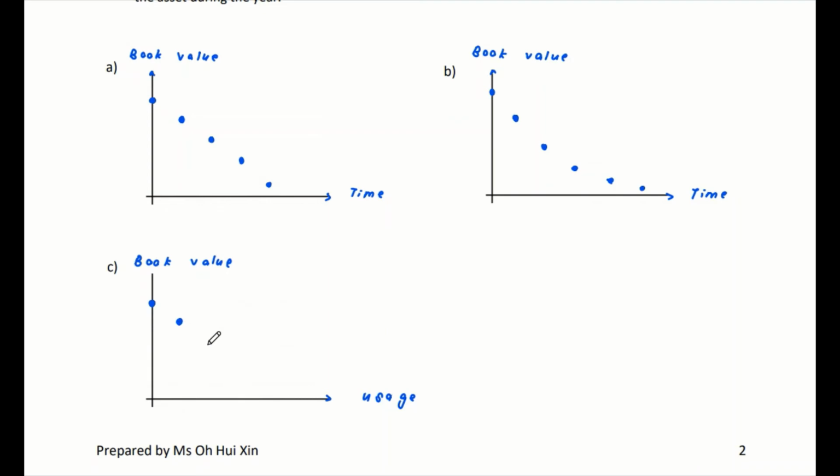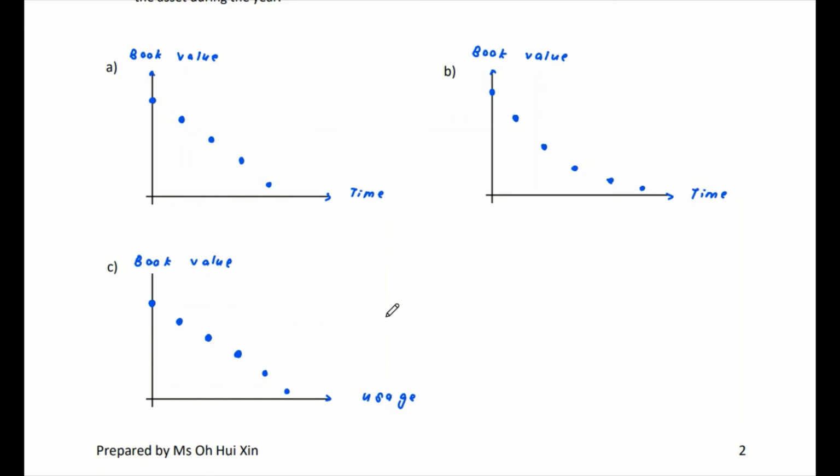After I print out another 1,000 copies, it's going to decrease another $50. After I print out another 1,000 copies, it's going to decrease another $50. So you can see that it will be like an AP, which gives you a linear graph as well.